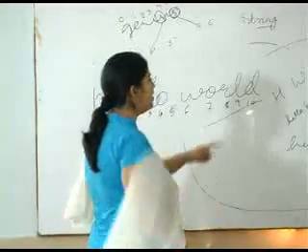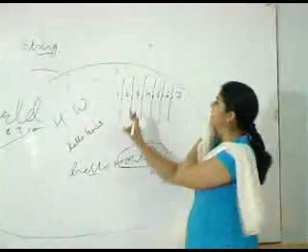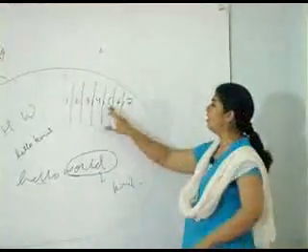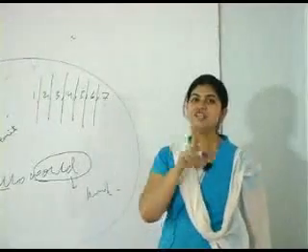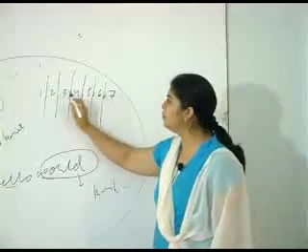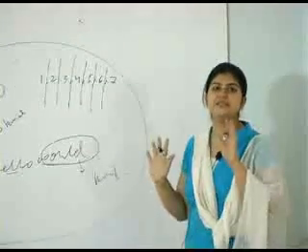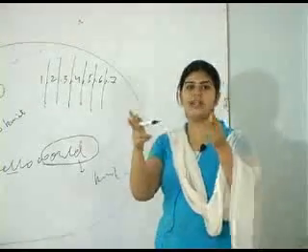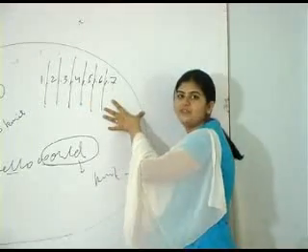Now here, how many parts of the string would I get in this example? How many times is this string going to get split? 1, 2, 3, 4, 5, 6. Six times this string is going to get cut, and I am going to get seven objects out of this.